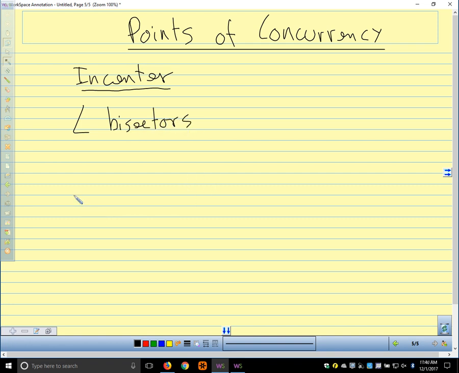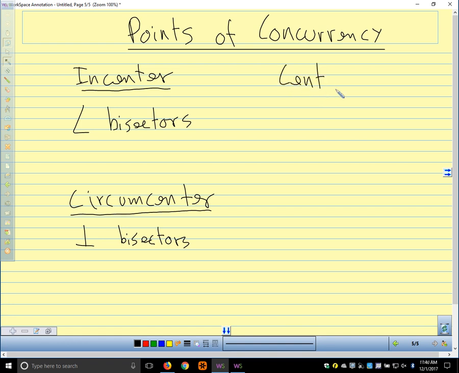And we also had the circumcenter. Those are the ones we talked about yesterday. This is the one we did our constructions for on the board before class. The circumcenter is the perpendicular bisectors. Today we talked about the centroid and what intersected to give us the centroid.